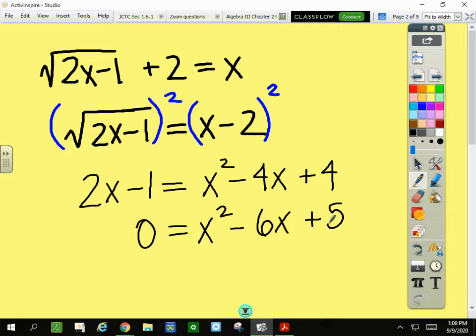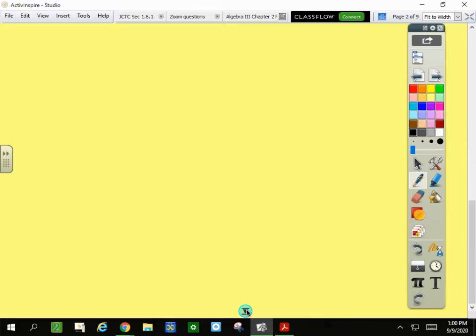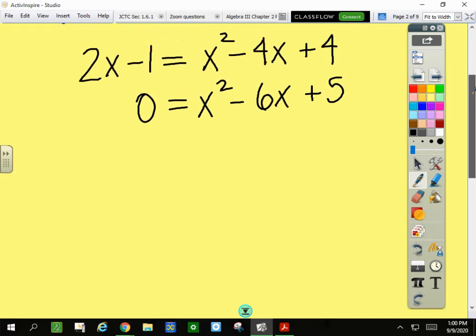So at this point, since I'm not assessing quadratics here, if this was on a test and it said show all work, you can decide if you want to factor or use the formula, if it even factors. Now you couldn't graph it and find the solutions, the x-intercepts, and tell me that the answers are 3 and 5 or whatever they are. If it says show all work, you have to show me that you know how to solve this. But I'm not testing quadratics here.